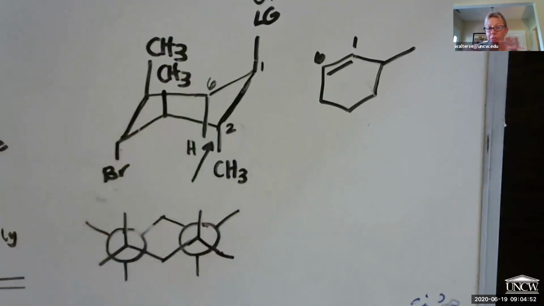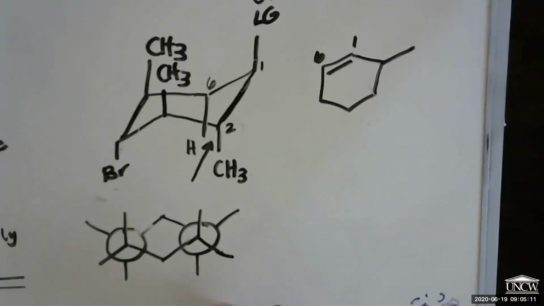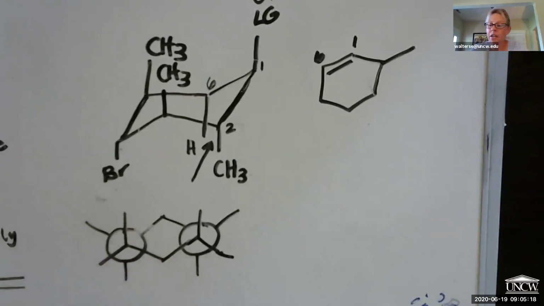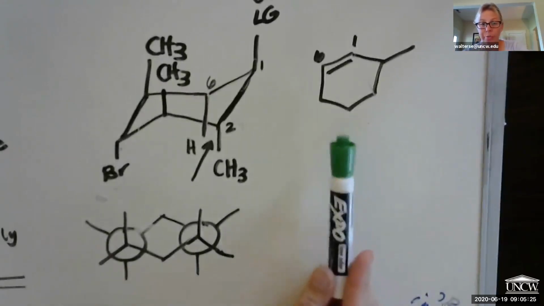So the rings could be complicated, but you wouldn't make a diene, a compound with 2 alkenes, so there would only be 1 leaving group, I think is the best way. That's a really roundabout way to answer your question, sorry. But did that help? That helps. So we are not going to see anything that complex on the final. Not where you would have to be able to do this in order to get to a product.